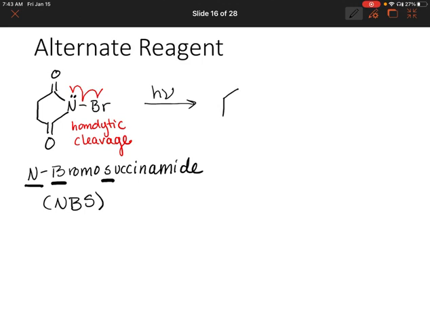And then we end up with two radicals. So nitrogen becomes a radical there. And then we also have a bromine radical. So what's great here is that we don't have any Br2, or we might have a little bit if two bromine radicals couple together, but this will limit the amount of Br2.